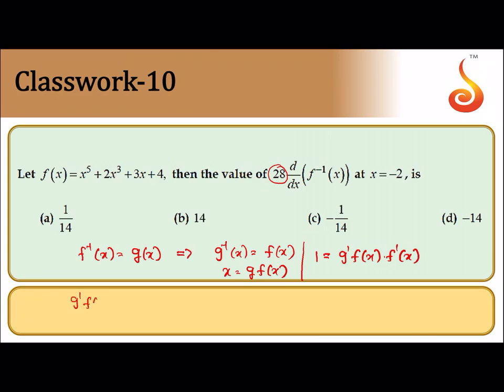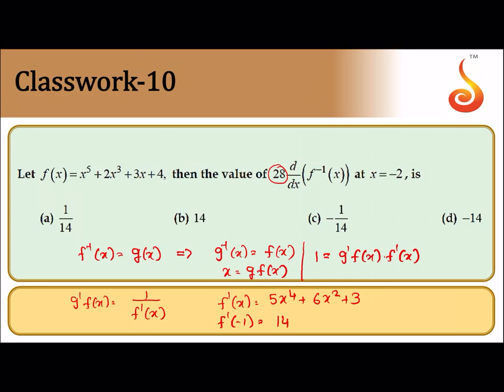From this we get 1 equal to g dash f of x into f dash x. So basically they are asking d by dx of g of x. So they are asking g dash. So what we write is g dash f of x is equal to 1 by f dash x.